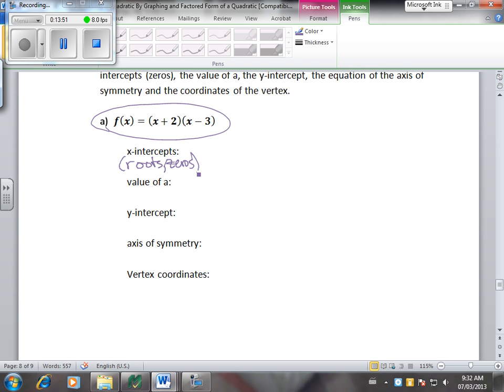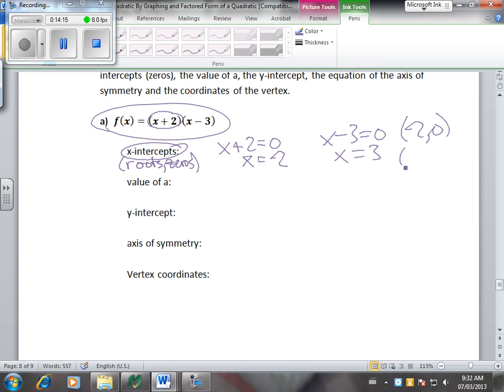If we look here, x plus 2 equals 0, so x equals negative 2, and x minus 3 equals 0, so x equals 3. We can write them as points: (negative 2, 0) and (3, 0). So here's our parabola, and we know that it goes through 3 and negative 2.